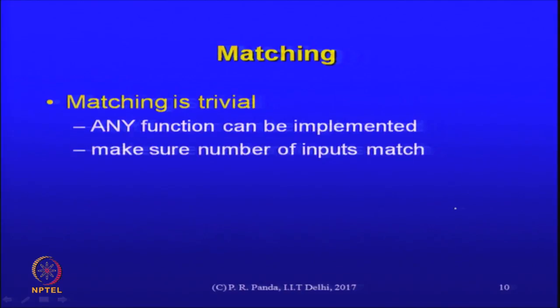First of all, since any function can be implemented, there is nothing to do with respect to matching. Actually, even in the other case, we had simplified the matching by just saying that we just look at how many inputs are there. There is only one gate which is a 2 input NAND gate. I just have to make sure that the number of inputs match, just like I did there. Here also, that is all that I need to make sure.